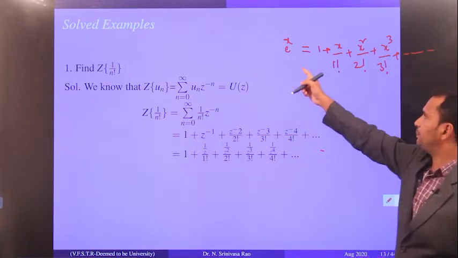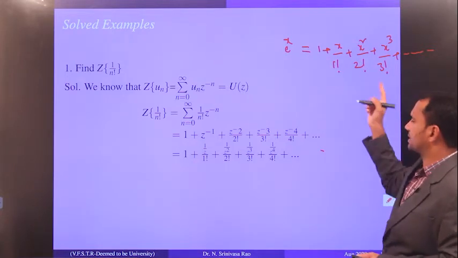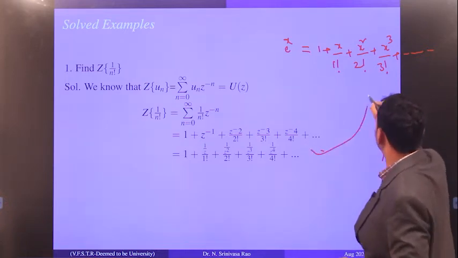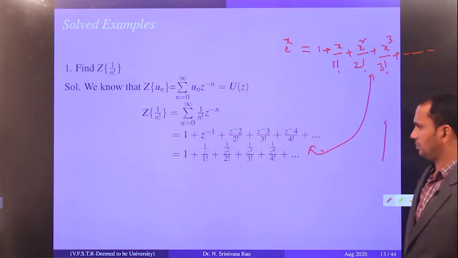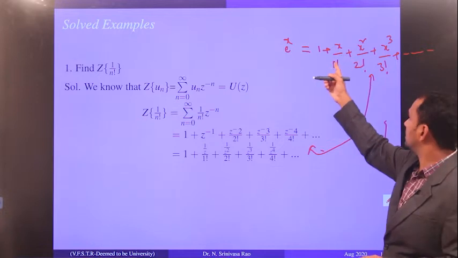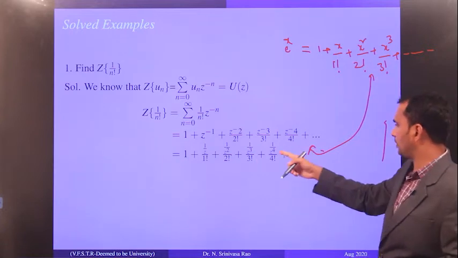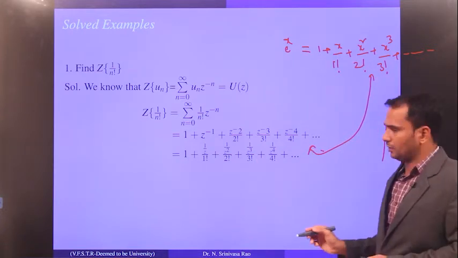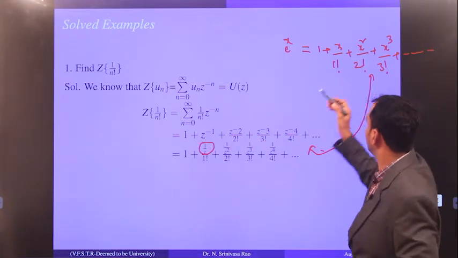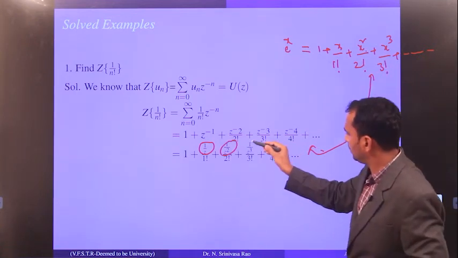Now can you compare these two? 1 is there, plus, in the place of 1 by z we have x; 1 by z square, x square; 1 by z cube, x cube; 1 by z power 4, x power 4, and so on. So if we compare these two, in the place of x we have 1 by z, in the place of x square we have 1 by z square, and in the place of x cube we have 1 by z cube.